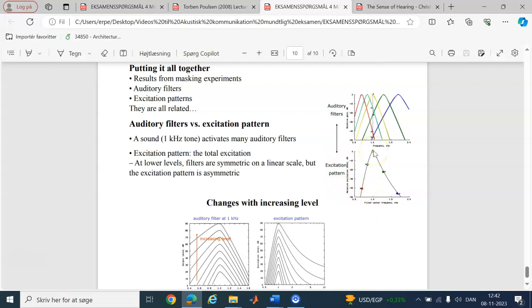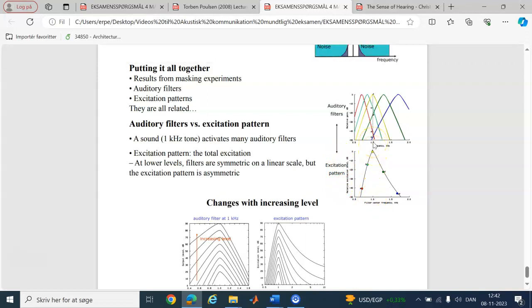The line intersects with the red line at point A, but the center frequency of the red line is 500 hertz, so it is on the excitation pattern here. Then the line also intersects with the green line at center frequency 750 hertz. We are at B, so the filter with center frequency 750 hertz gives us this point, and so on.